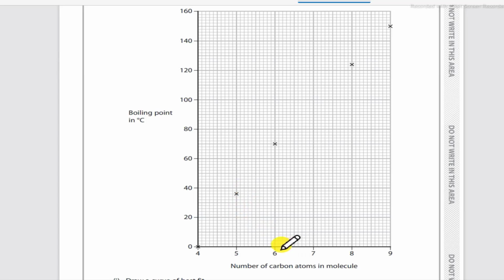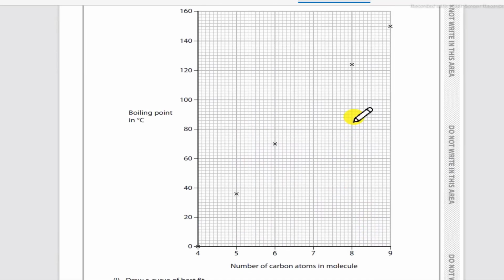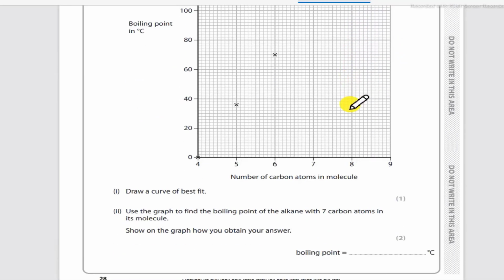When number of carbon is 6, about 70 degrees Celsius. When it is 8, about 125 degrees Celsius. When it is 9, about 150 degrees Celsius. Draw the curve or best straight line.